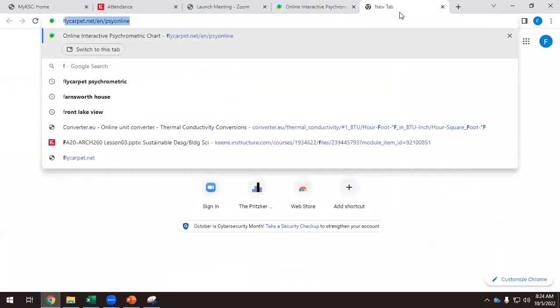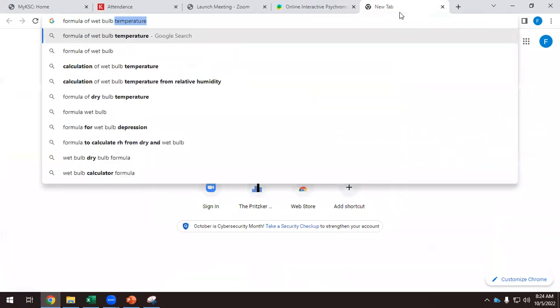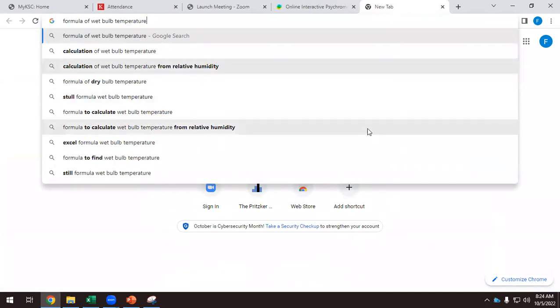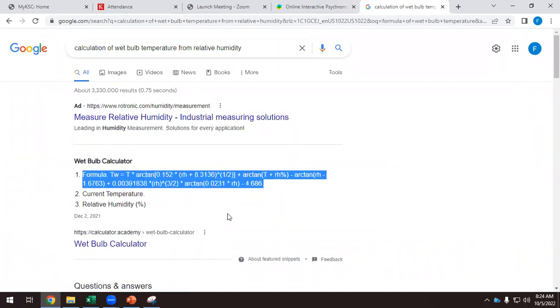So if we want to get the calculation of wet bulb temperature from relative humidity, there is a formula. This is it. So the wet bulb temperature is the dry bulb temperature, times arctangent of 0.152 RH.